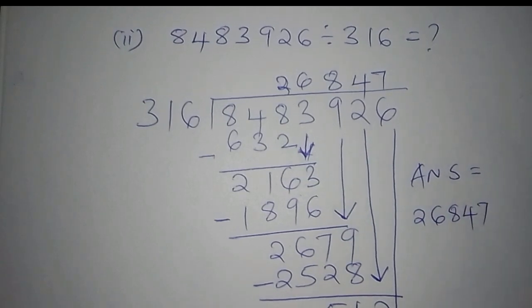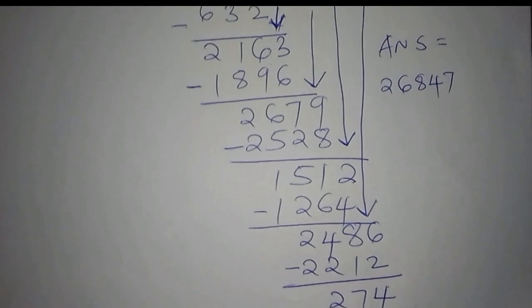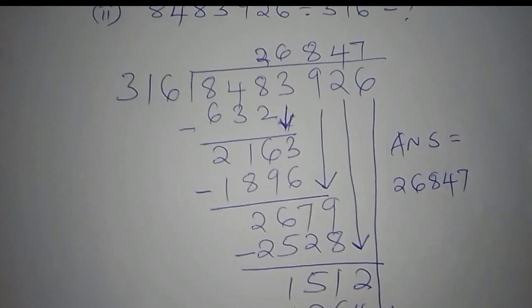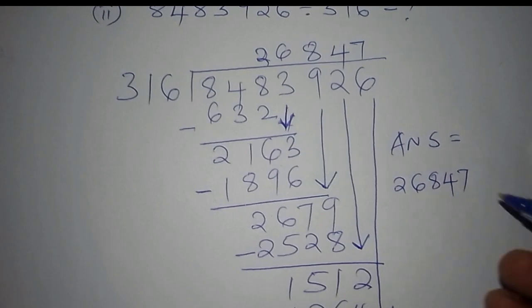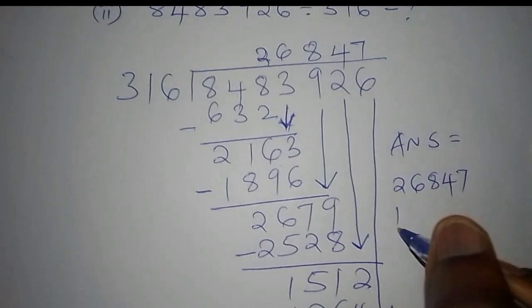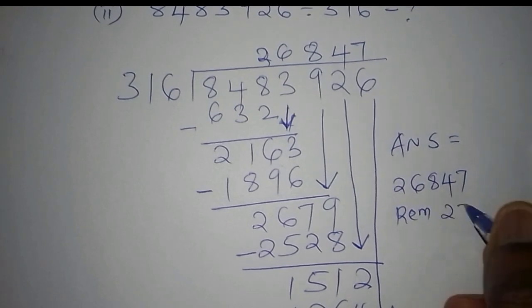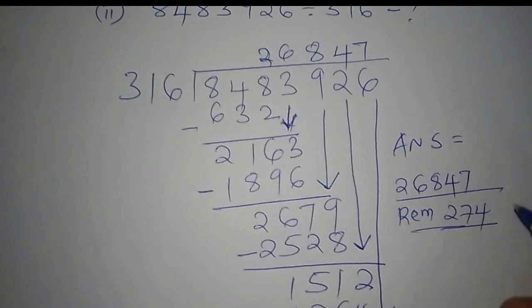Then there is a remainder down there, and the remainder is 274. So we say 26,847 remainder 274. So this one now becomes the answer.